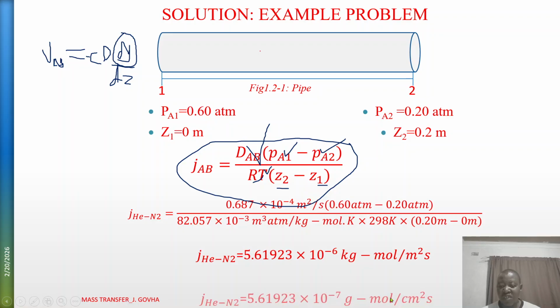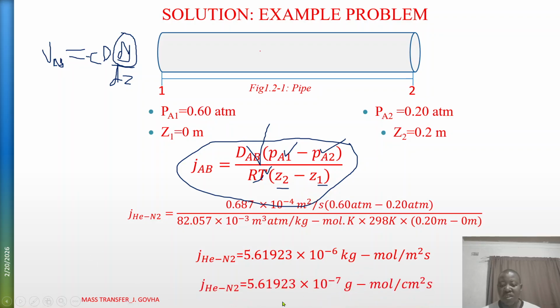This is the SI unit, and the CGS unit there is 5.61923 times 10 to the power minus 7 gram per square centimeter second.